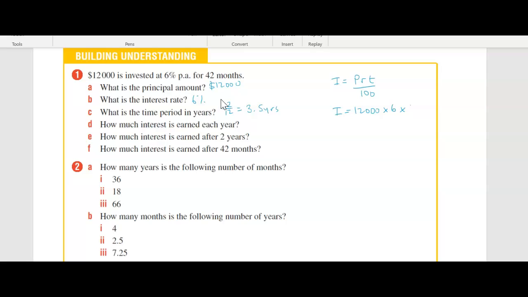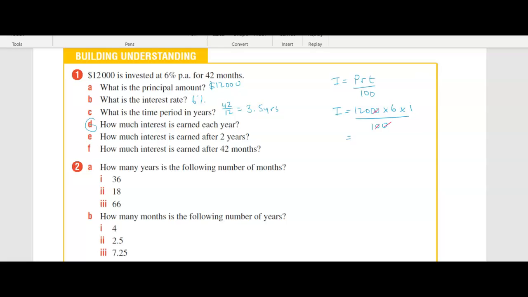So we only want to do it for 1 year. That's tricking us, isn't it? So for question E, we're just doing it for 1 year. So we're going to multiply that by 1, divided by 100. You can do that on your calculator. I'm just going to quickly cancel that.